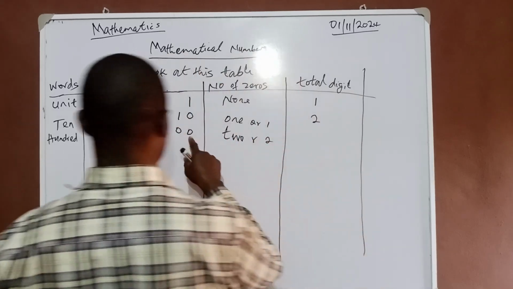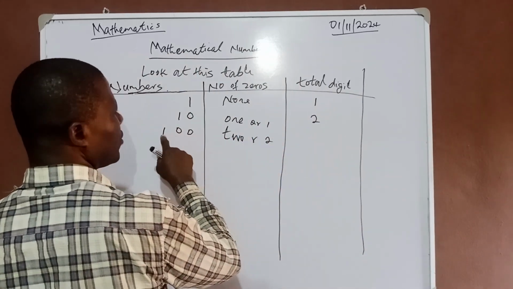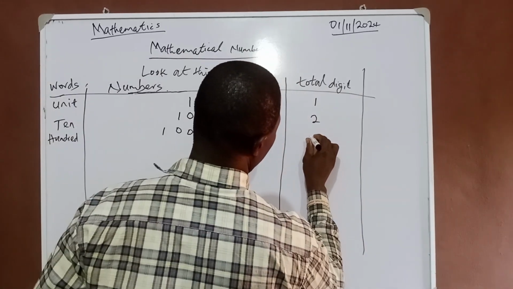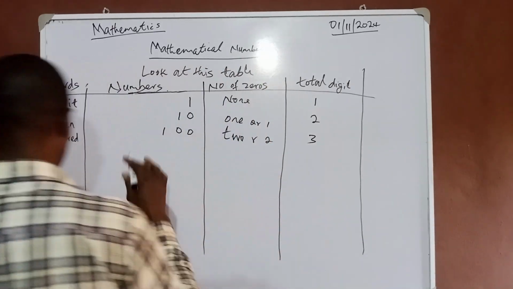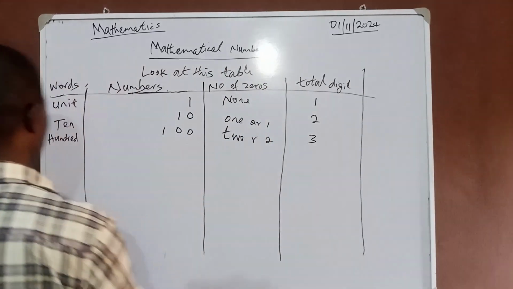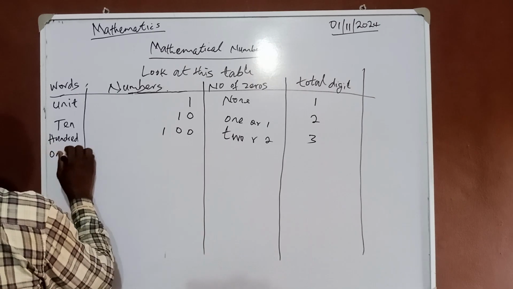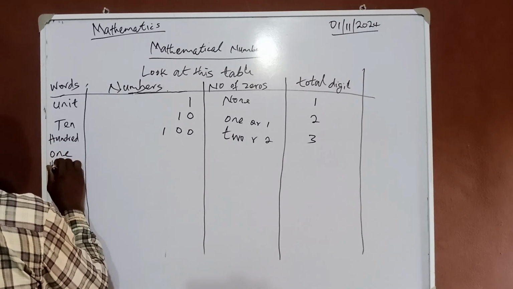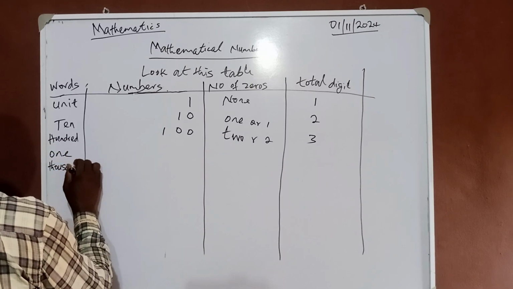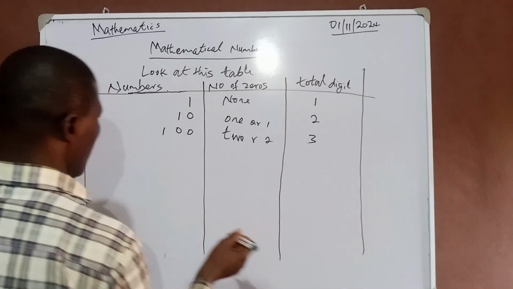Number of digits 1, 2, 3, 3 digits. As you move ahead, the next one you have here is 1000. How do you write the 1000?